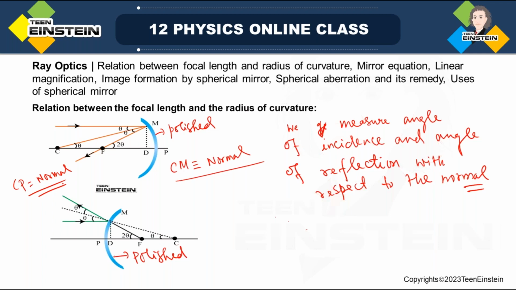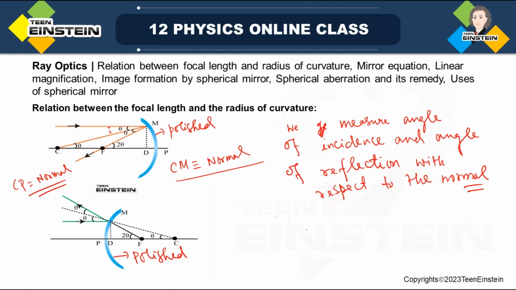So any line joining the center of curvature to any point on the mirror is actually normal. That line will be taken as the normal, and we measure the angle of incidence and the angle of reflection with respect to that normal. In this case, I have taken a parallel ray which is passing through the focus after reflection.